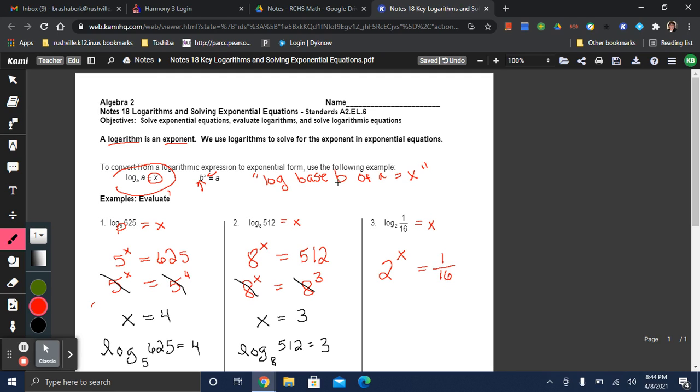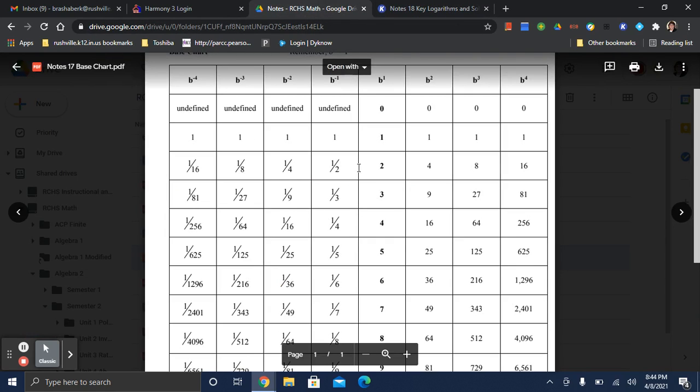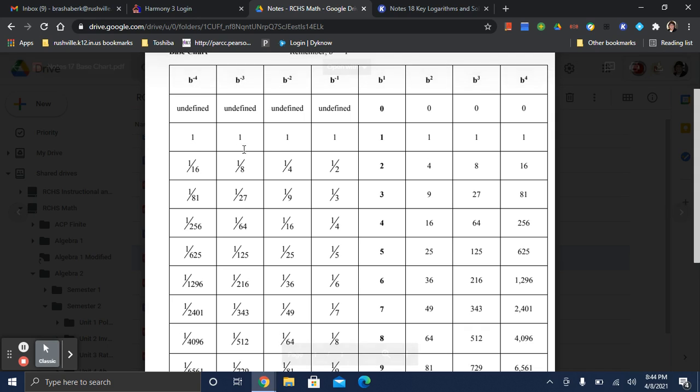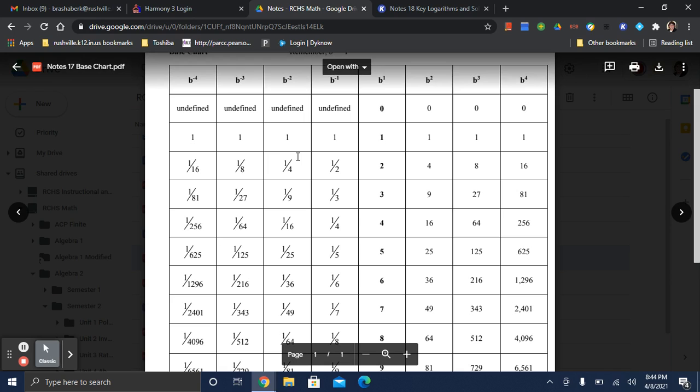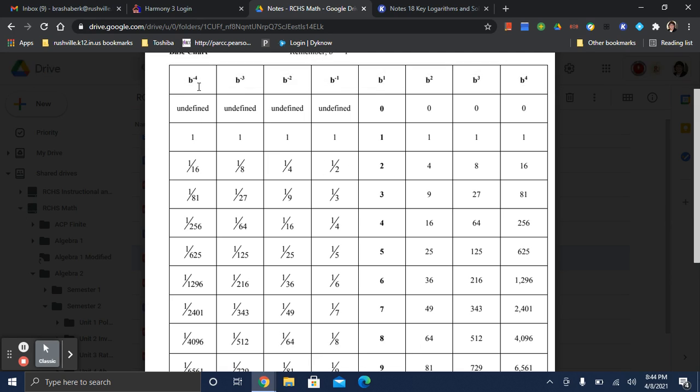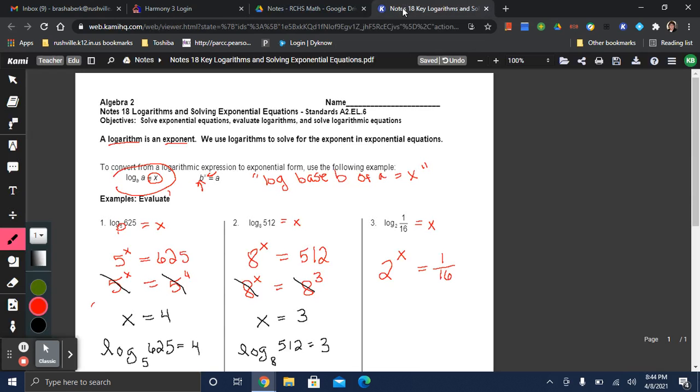So going back to our base chart, we need the 2 row, and 1/16 is our base to the -4. So that's going to be 2 to the -4 power. So 2 to the x equals 2 to the -4 power. That's what 1/16 is. Bases are the same. We can cancel that out. And your x equals -4.